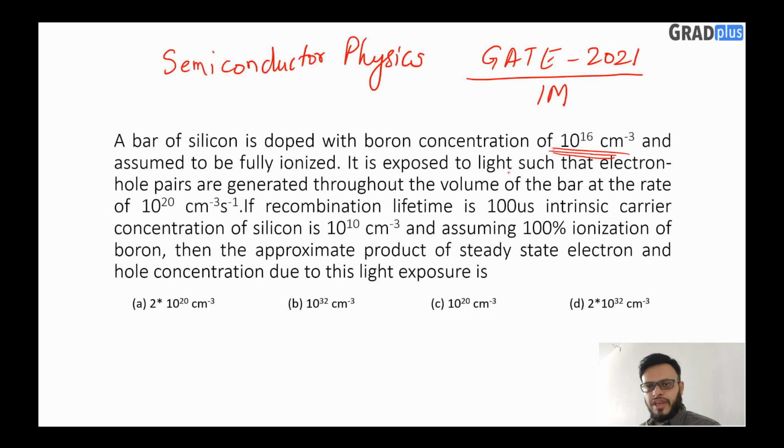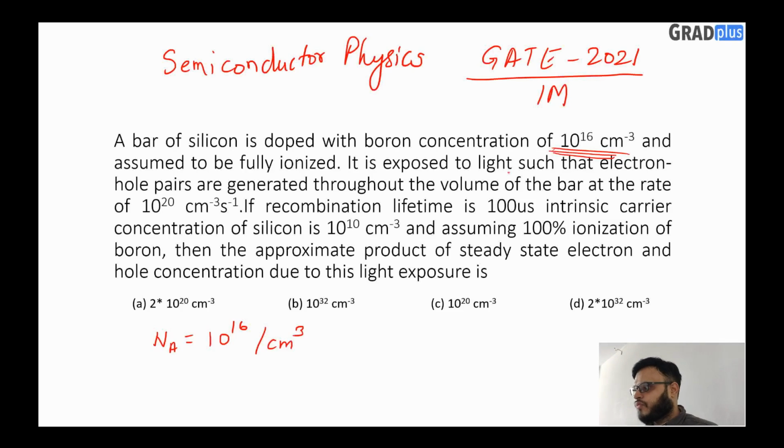So whenever a silicon bar or an intrinsic semiconductor bar is doped with a trivalent impurity, the resultant semiconductor will be our p-type semiconductor. So we can term here our concentration 10 power 16 as Na, which is equal to 10 power 16 per centimeter cube.